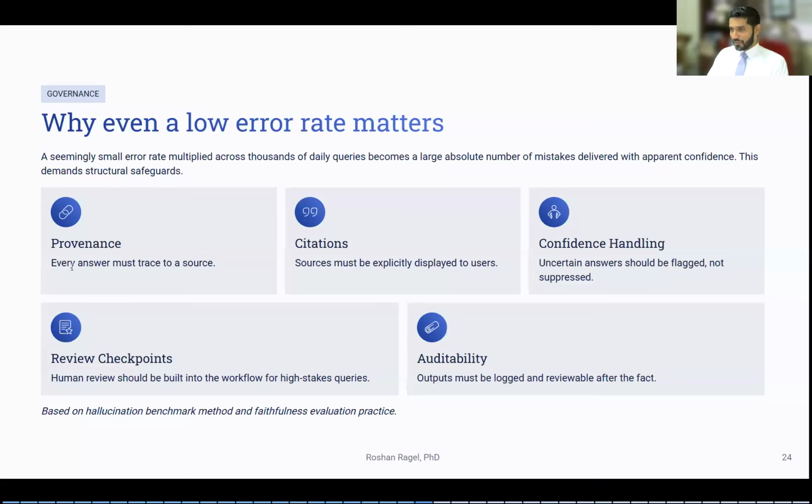The citation must be explicit and should be displayed to users. And so we should also be able to handle the item with confidence. Why so is because this is a trusted engagement where it's not just a tool giving answers, but there is an institutional infrastructure and responsibilities. And therefore that's important. So we should also provide things like checkpoints and also auditability.